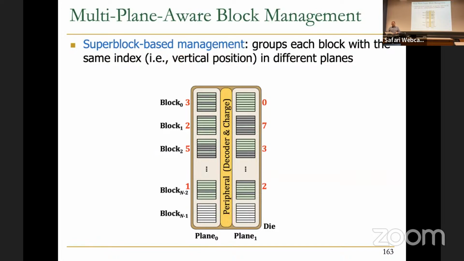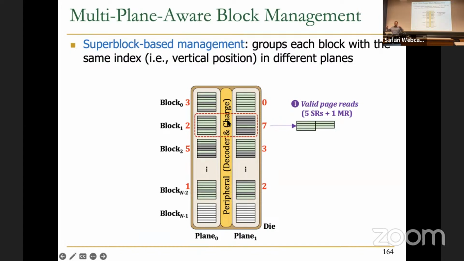Okay, but when we consider super block-based management, we group each block with the same index as a vertical position in different planes. So now we try to select a block, like a super block, with the largest number of invalid pages. Here we can see that block 1 has, in total, 9 invalid pages.